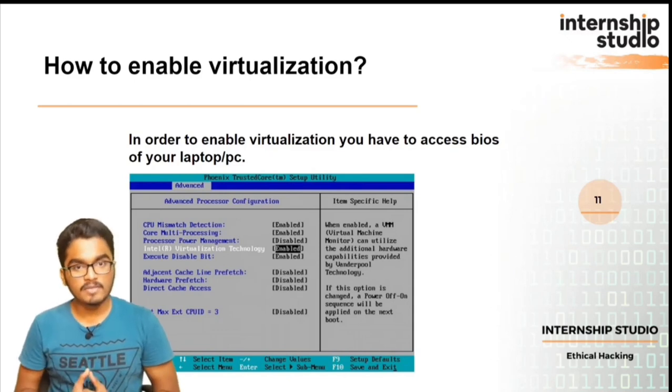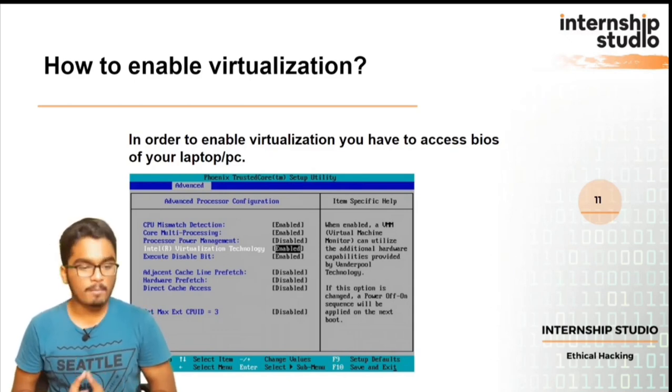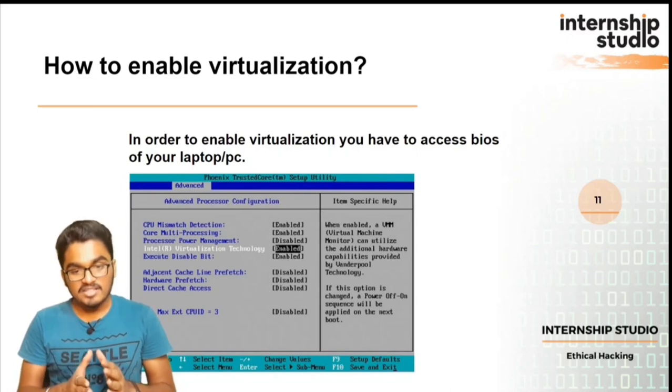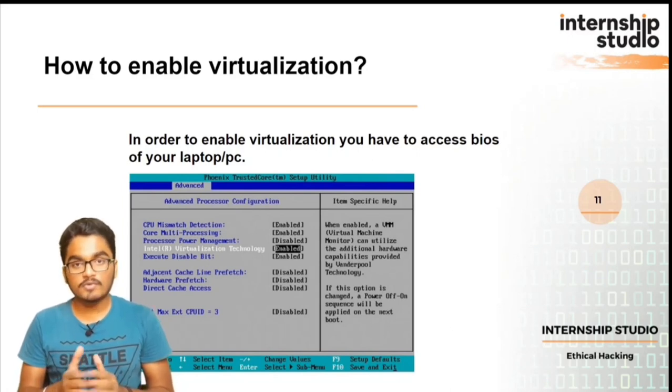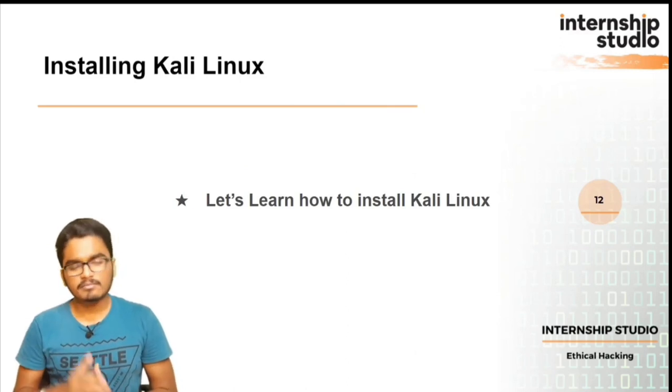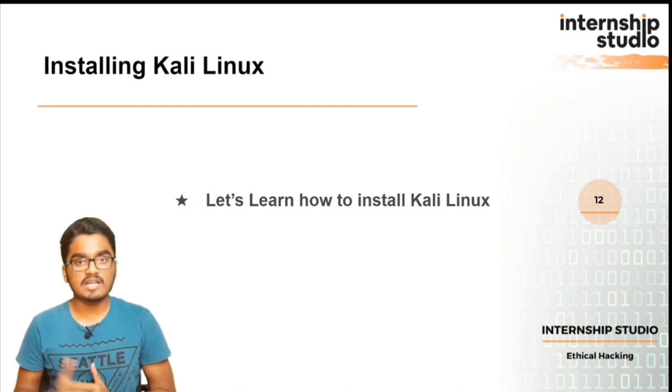As I have done here, it's my HP laptop BIOS. Here you can see I have Intel virtualization technology and I have enabled it. So you can do so. It's mandatory to use virtualization technology on your device. Now, if you complete this, I will teach you how you can install Kali Linux on your existing operating system. So let's move towards the lab.